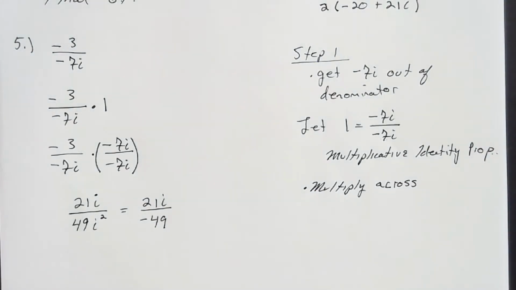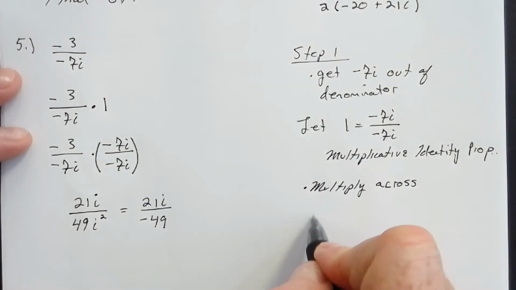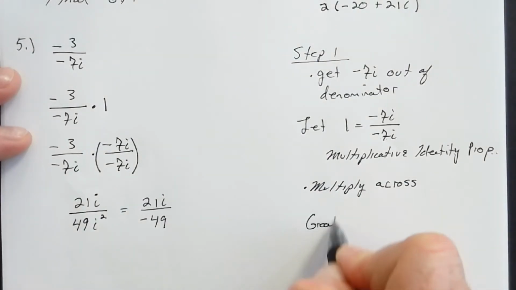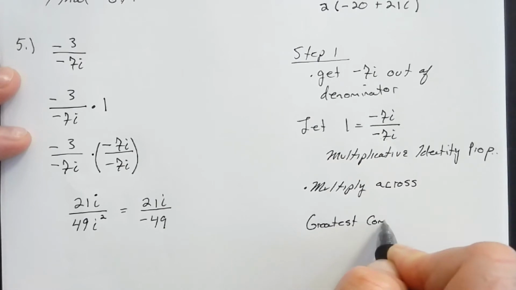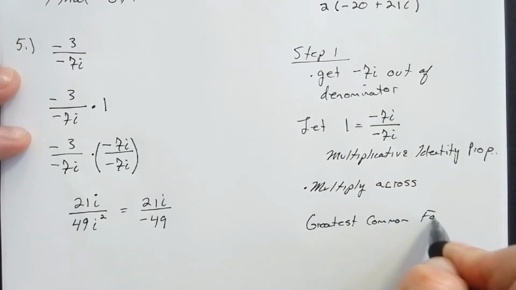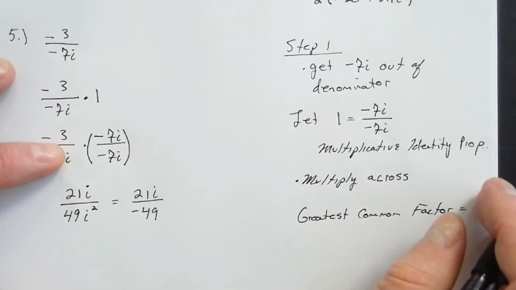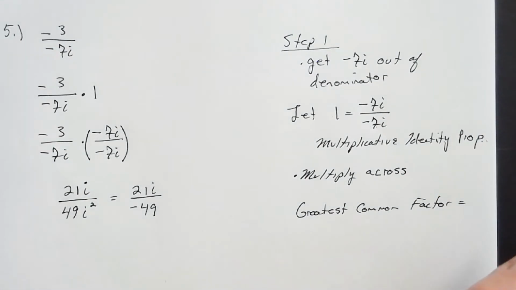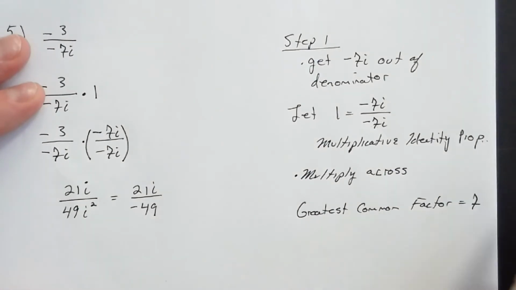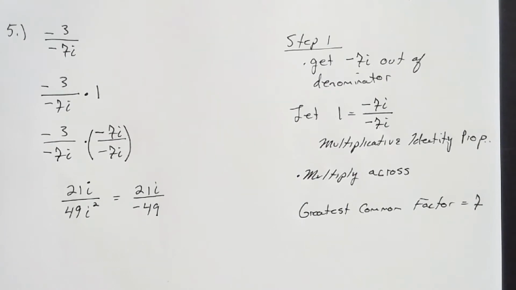Now, is there a greatest common factor to 21 and 49? It's 7. The GCF, the greatest common factor, is equal to 7. 3 is a factor, but it's not the greatest one. We're looking for the GCF because we want to reduce this down as low as possible.